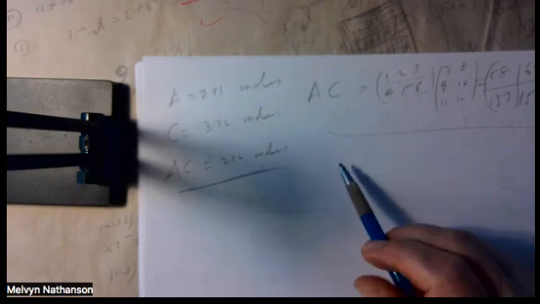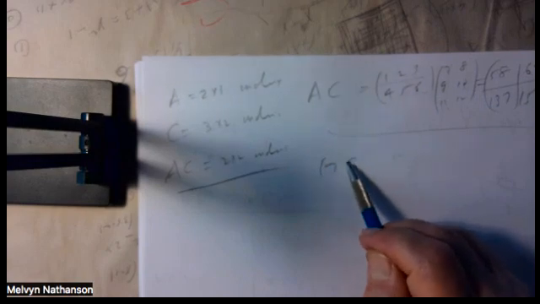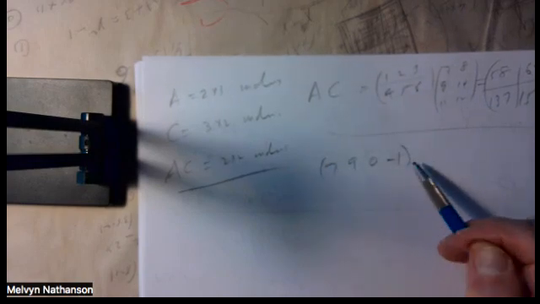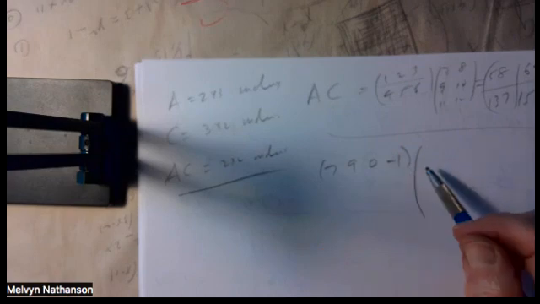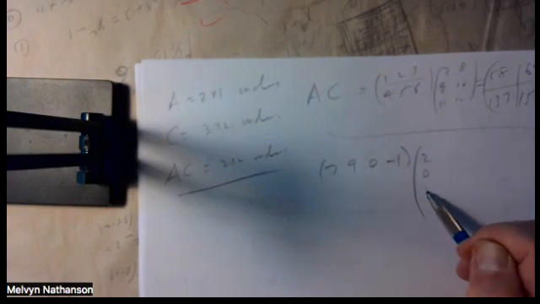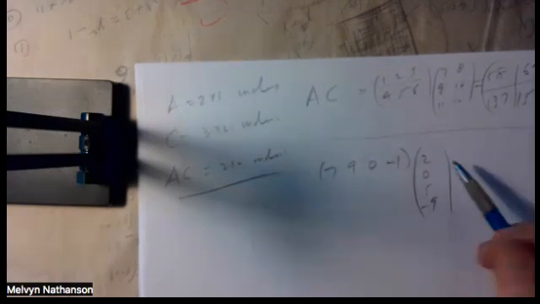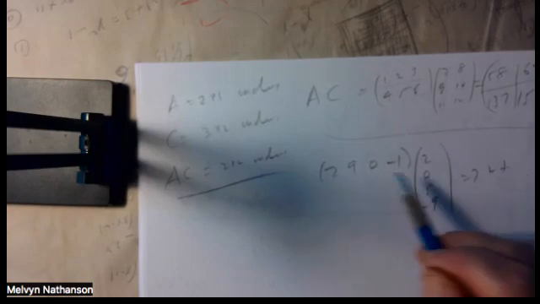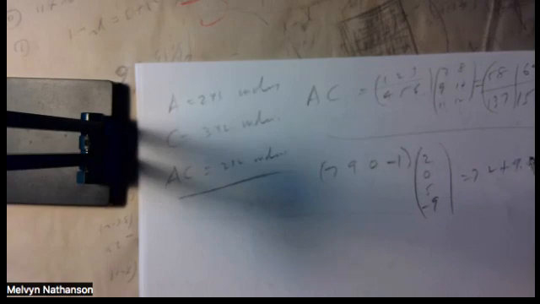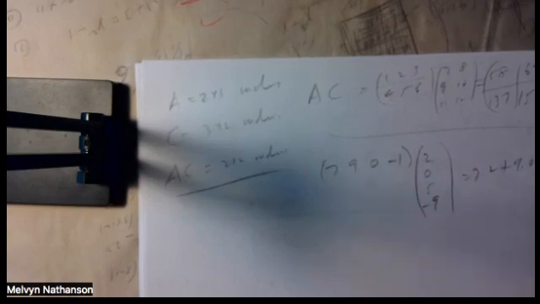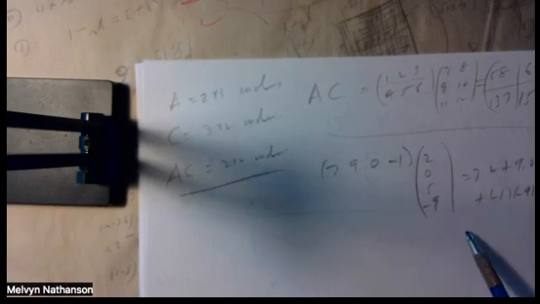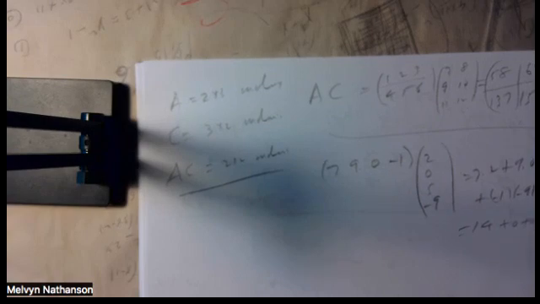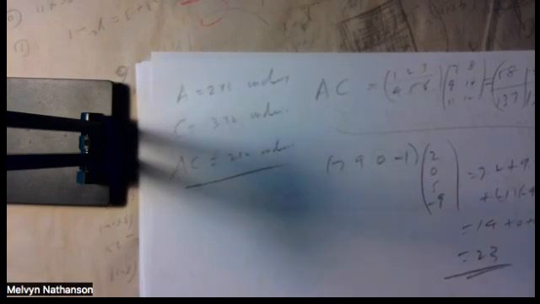I mean, it's all based on how you multiply your row times a column of the same number of coordinates. This is 7 times 2 plus 9 times 0 plus 0 times 5 plus -1 times -9. That's 14 plus 0 plus 0 plus 9 is 23.